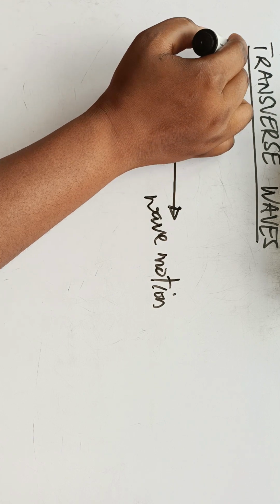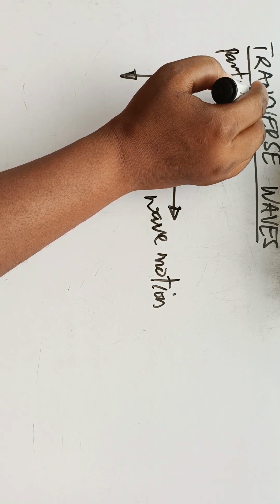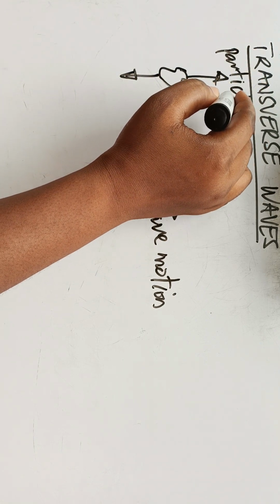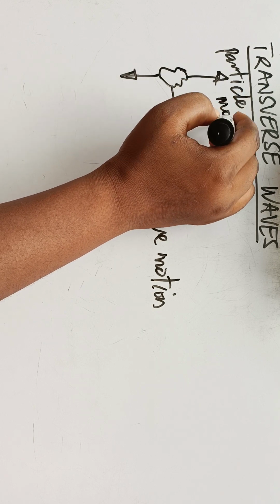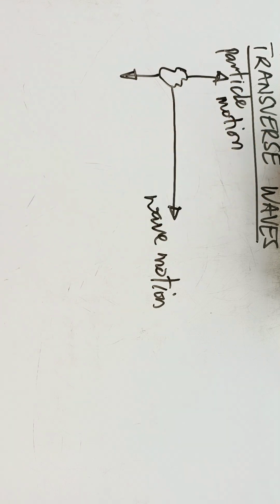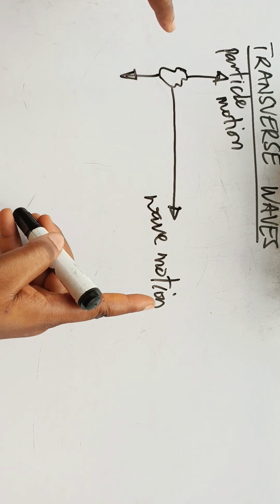So the particle is vibrating up and down. The particle keeps vibrating up and down, moving vertically, but the wave motion is horizontal.